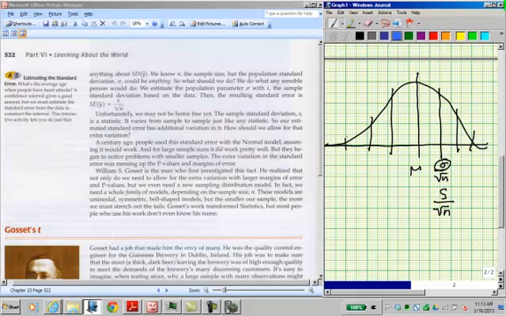As the samples get smaller, let's say the tails get fatter and the central mound gets shorter. That would be a somewhat small sample. So it is symmetrical and bell-shaped, but it is not normally distributed.